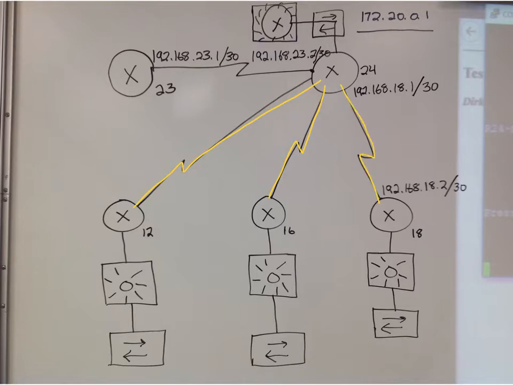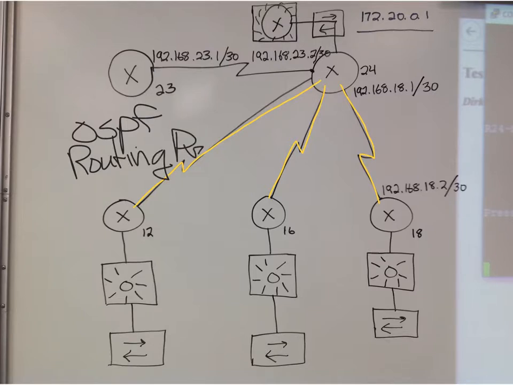There are more than that, but we talked about how they connected, and in this scenario they're using OSPF as the routing protocol. It's sharing information between routers so that the routers have routes to the other networks.